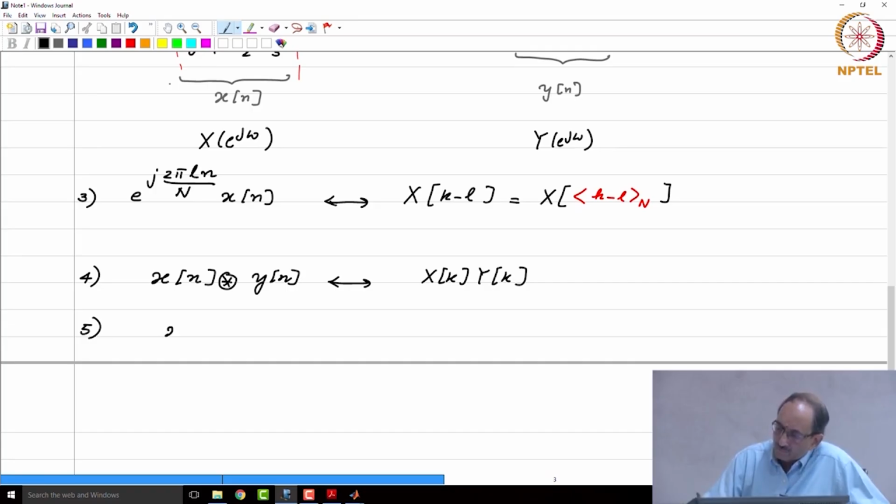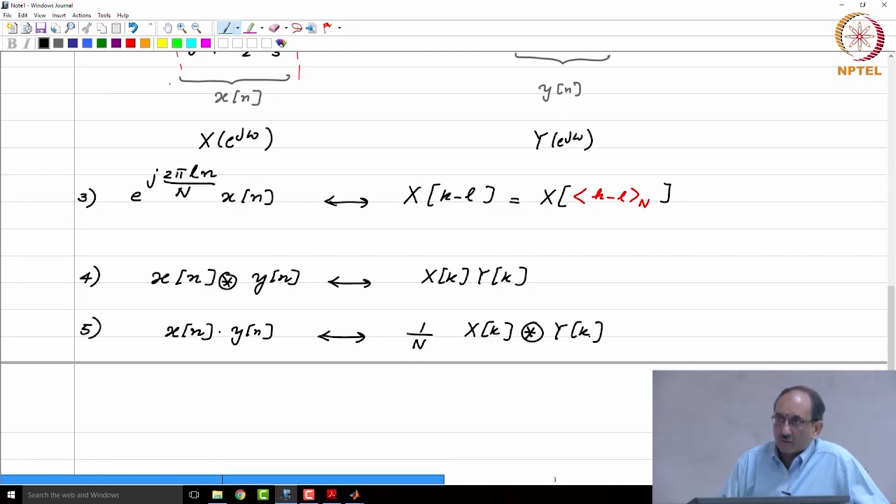Similarly, if you multiply in the time domain, you convolve in the other domain. The other domain also is periodic, and hence the convolution also has to be periodic convolution or circular convolution.